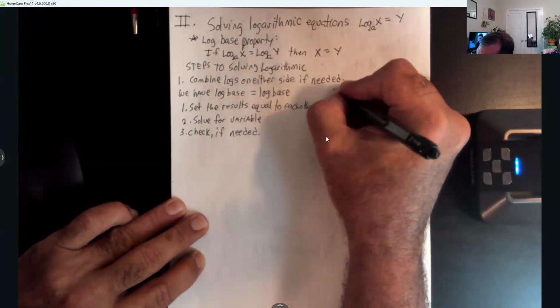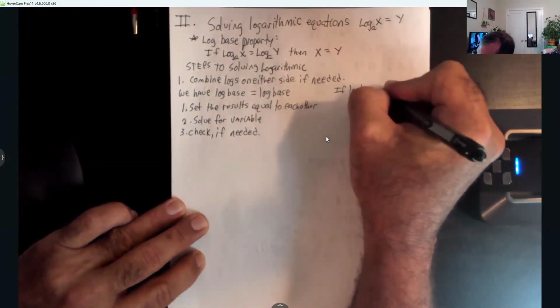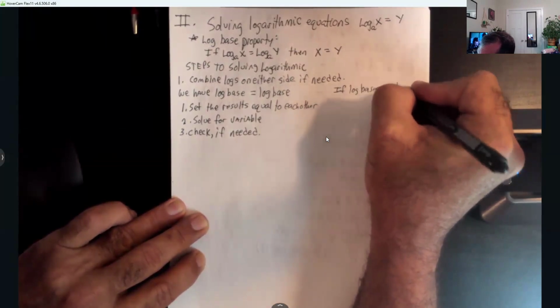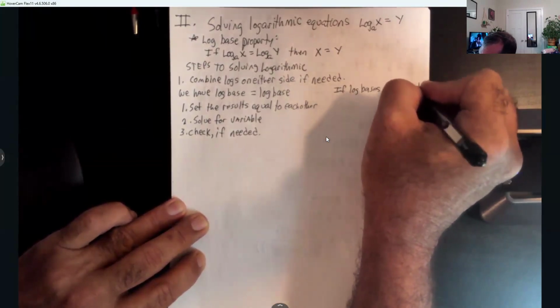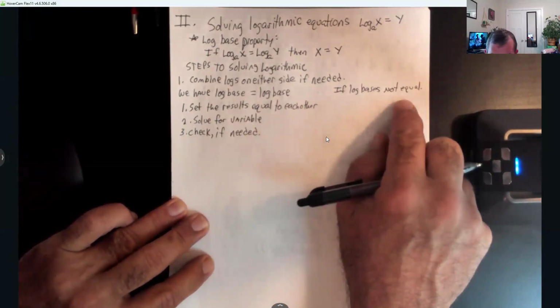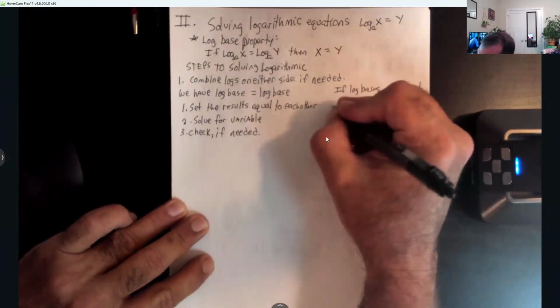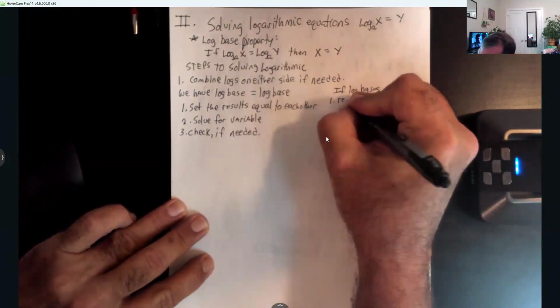If log base is not equal, so if your two log bases are not equal, then we rewrite as exponential.